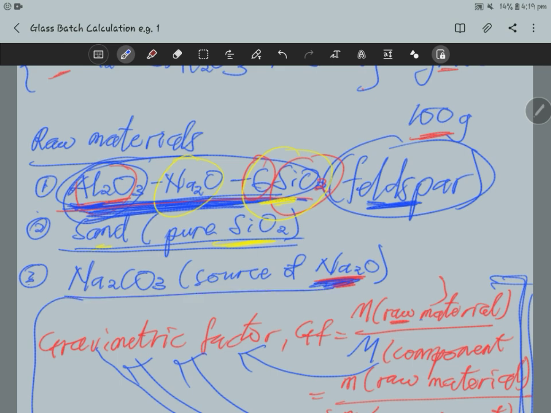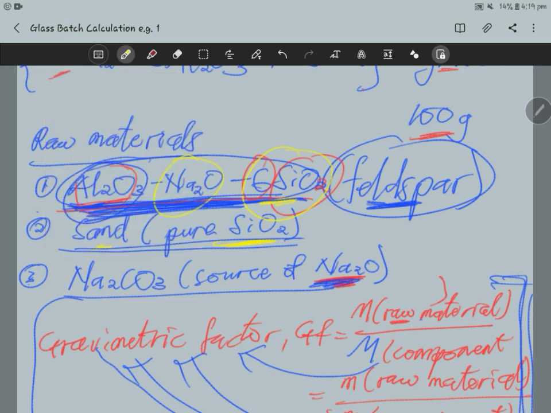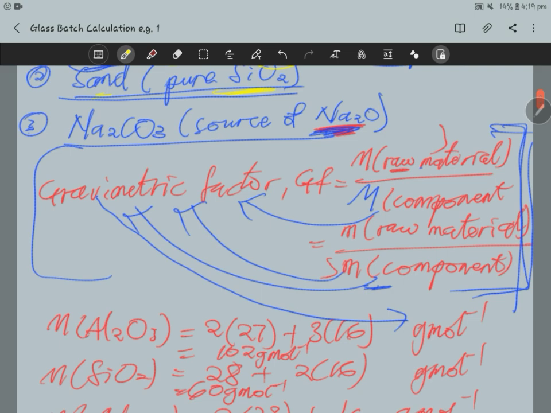We know the mass of each raw material that we must put in the system, and we know the contribution that this particular feldspar will give, the amount of Na2O and the amount of SiO2 that it will give. But when you check, you see that the amount of SiO2 that the feldspar gives is not up to the actual amount of SiO2 that we need to form the glass.